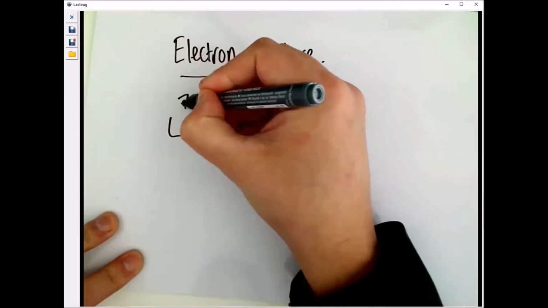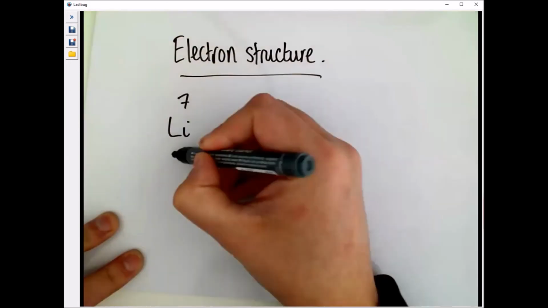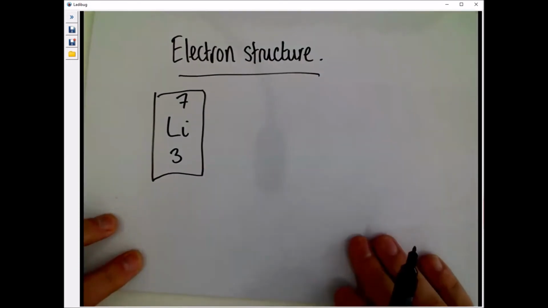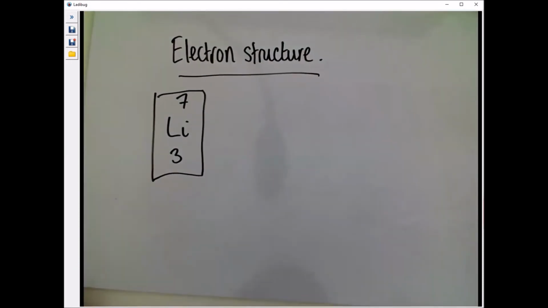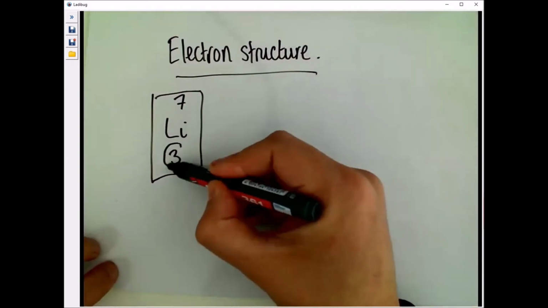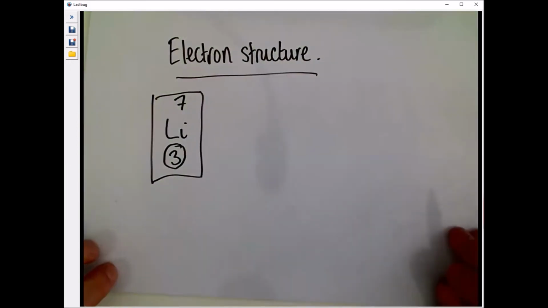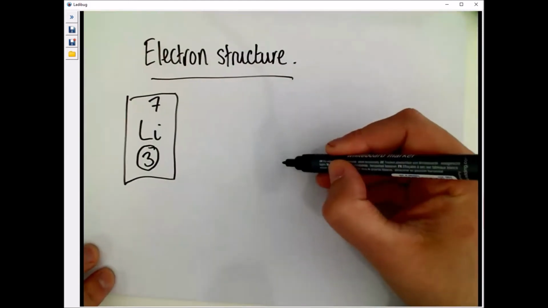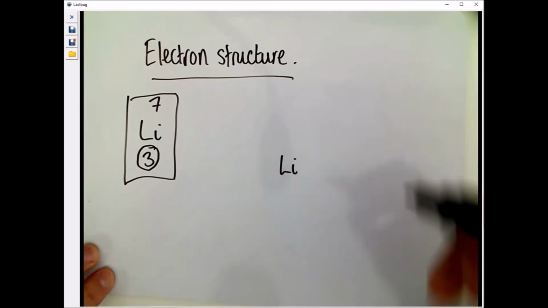So if we take the example of lithium, we've got a mass number of 7 and a proton number of 3. So the only information we're really going to be taking out of that for drawing our electron structure is that 3. It tells us we've got 3 electrons to put in there. So instead of drawing a nucleus, I'm just going to draw the chemical symbol.